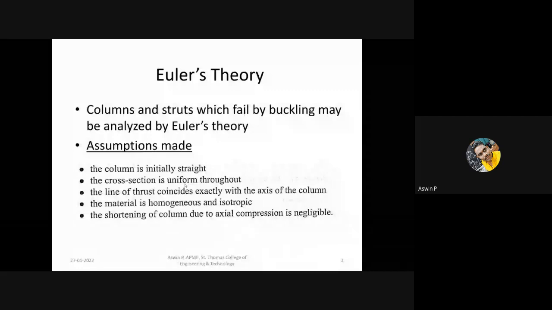Third one: the line of thrust coincides exactly with the axis of column.